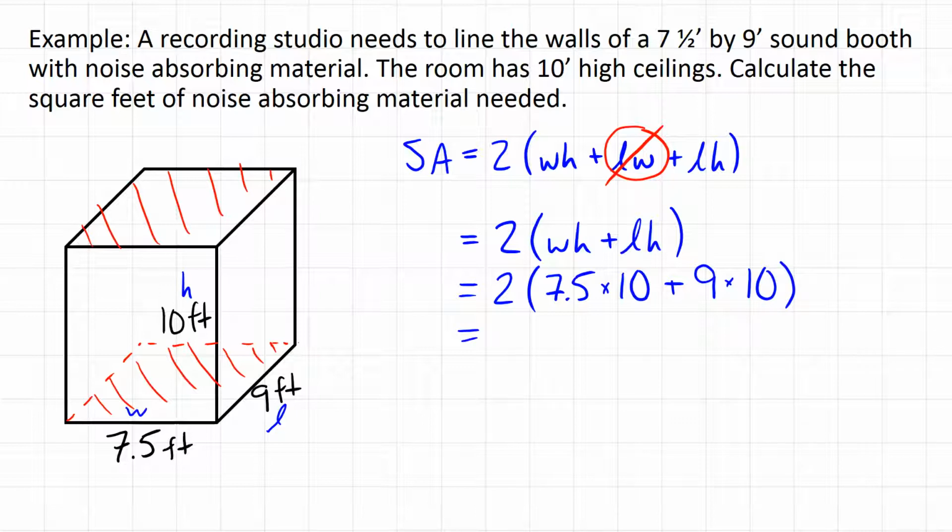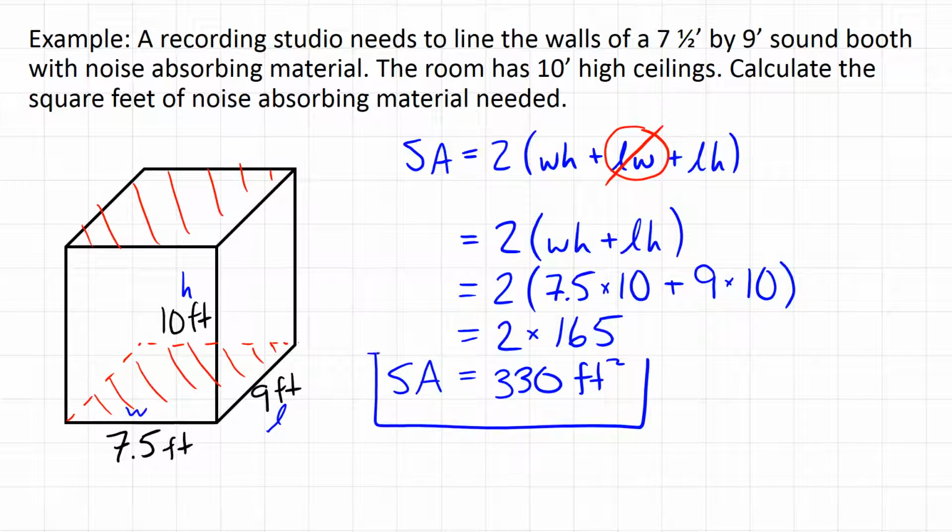You can do this in a couple of steps, or all at once. Putting together everything in the brackets, I get 2 times 165, which is a total of 330 square feet. And so there's my surface area that needs to be covered by that material.